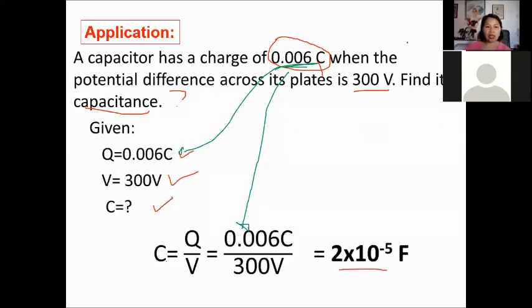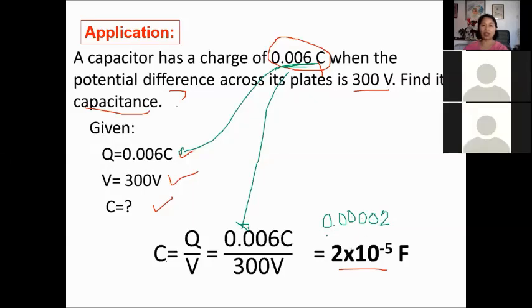So, makikita niyo dyan is 0.0 and 2. Ito yung makita ninyo dyan sa calculator pag hindi naka-scientific notation.